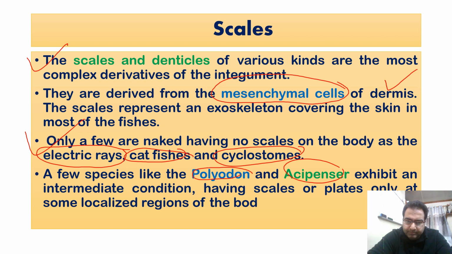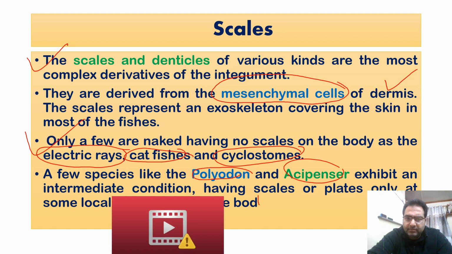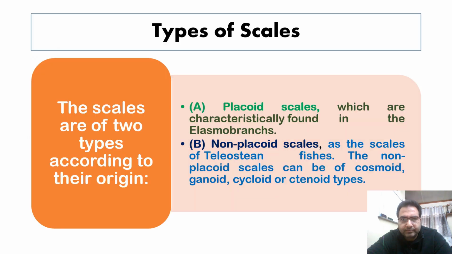In some fishes the scales are present on the whole body, but in Polyodon and Acipenser they are present only in localized regions.